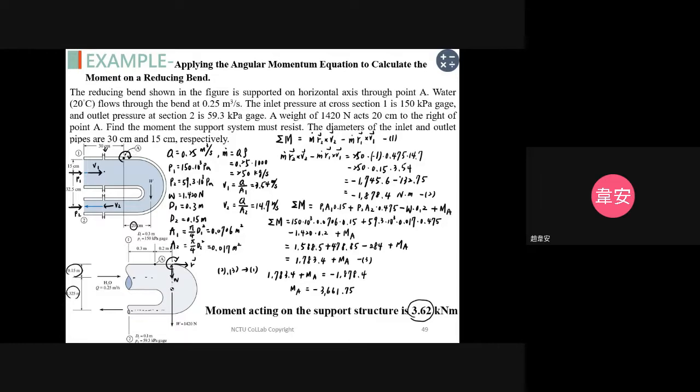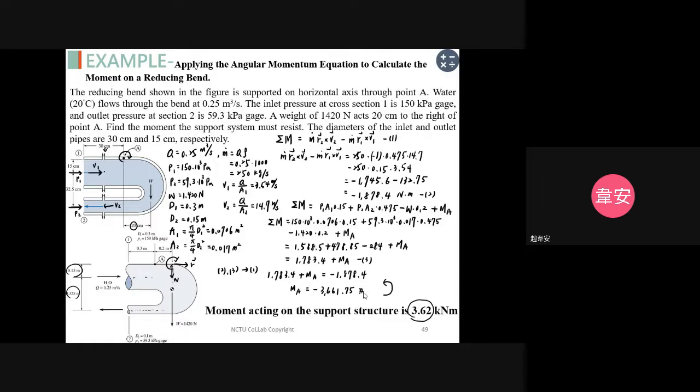So if we would like to support the system to resist, we need to have an additional positive, counterclockwise direction moment to fix the pipe bend so it doesn't move. Okay, so this is our final answer for this problem.